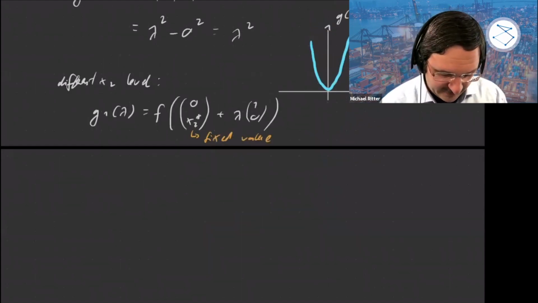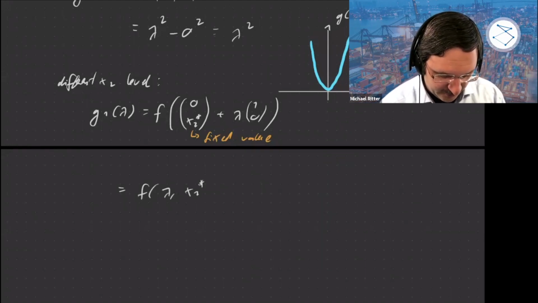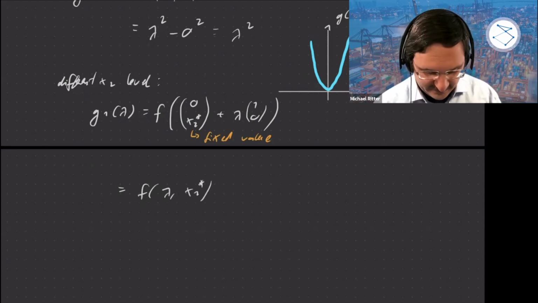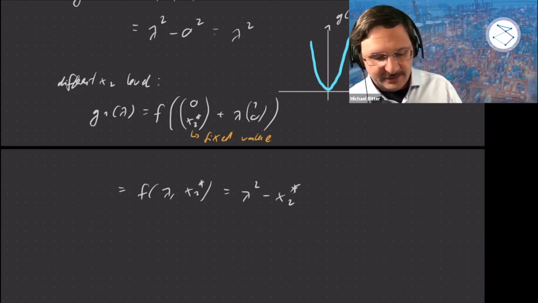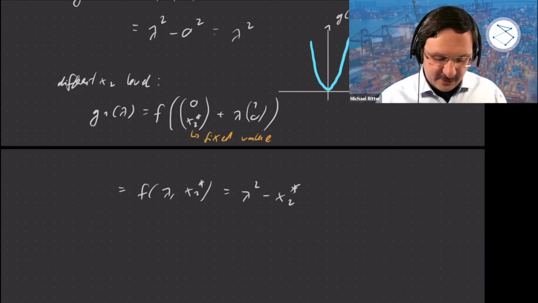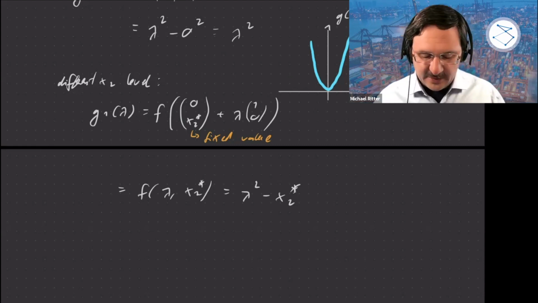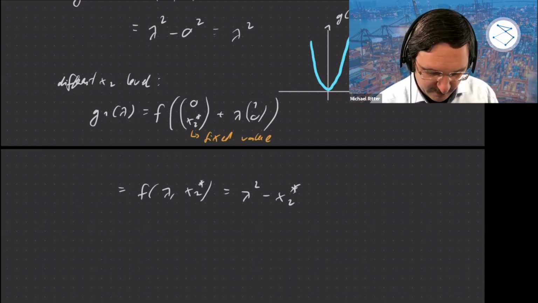And what we get is basically what we got before. So we have f of lambda and now of x2 star, where only the lambda varies. And that means we get lambda squared minus x2 star squared. So depending on the value of x2, that parabola here might not be this.